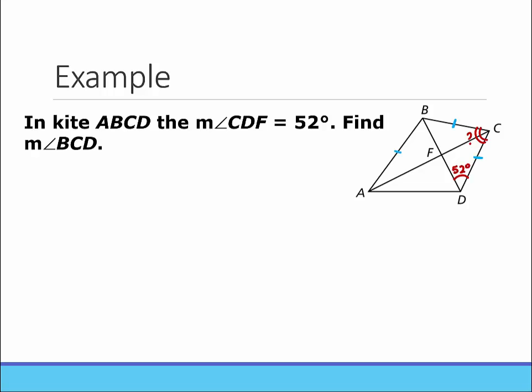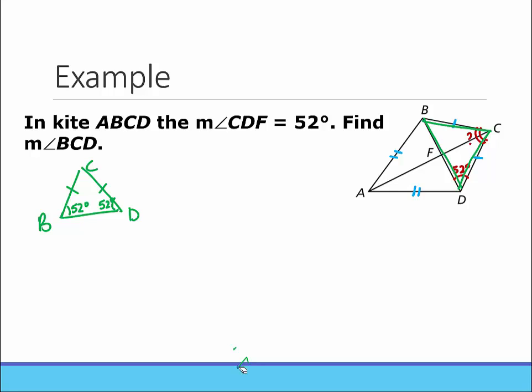So these two are consecutive congruent sides, and so are these ones. And basically all we need is the top part of this kite, because it forms a triangle. This triangle, BCD, is special because I know that these sides are congruent. So that makes it an isosceles triangle, and if this is 52 degrees, so is this.